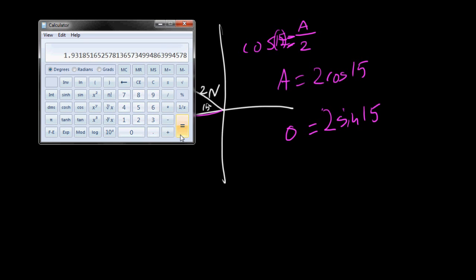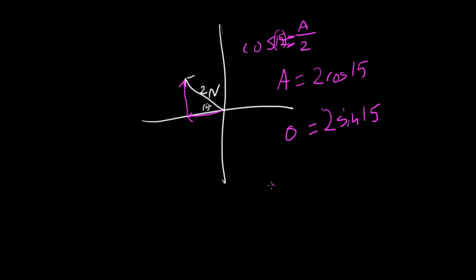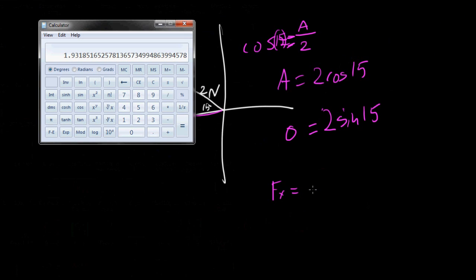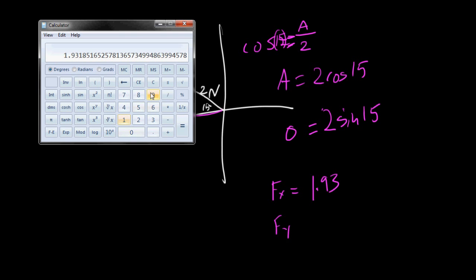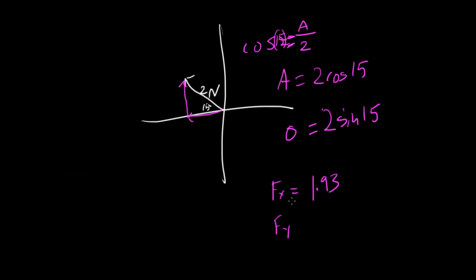So the x component, this would be Fx. This is force in newtons, which we haven't done force yet. That was 1.93, and Fy is going to be sine, 0.52.